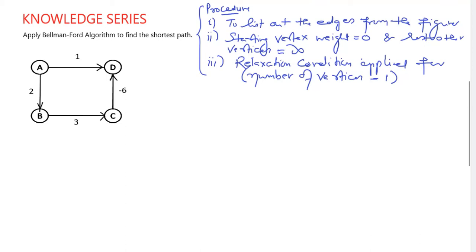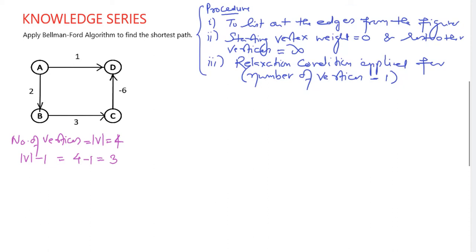The number of vertices is equal to 4, so we can put it as mod of V equal to 4, because when we take the mod we get a positive integer. So the number of vertices V minus 1 is equal to 4 minus 1, that is equal to 3.